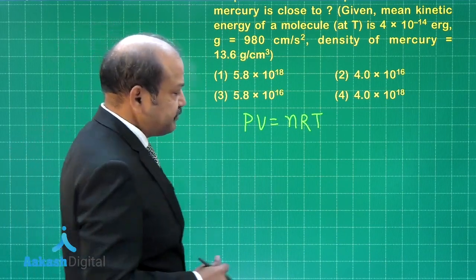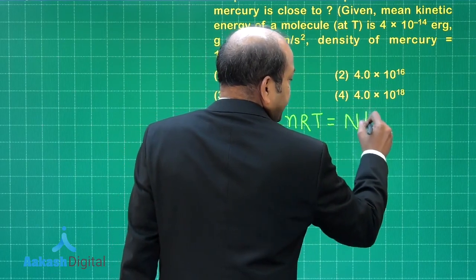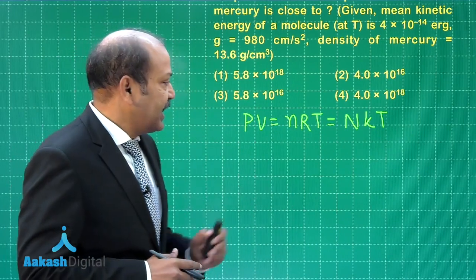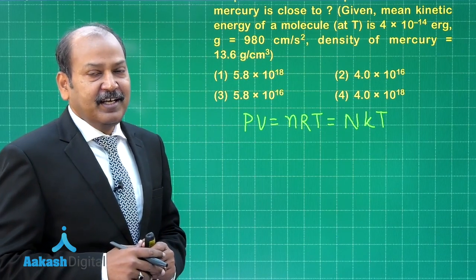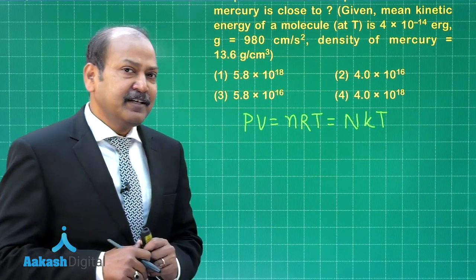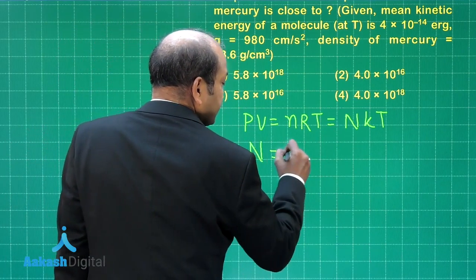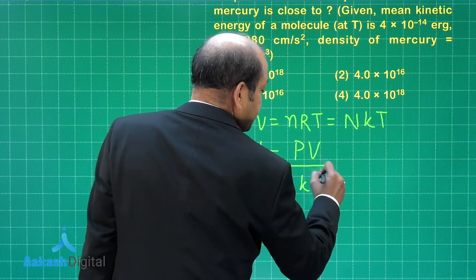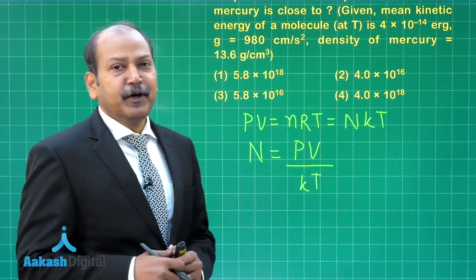This becomes PV equals capital N k T, where capital N is the number of molecules and k is the Boltzmann constant. We are interested in finding N. The expression is that the number of molecules is equal to PV divided by kT, where T is the temperature, P is the pressure, and V is the volume.